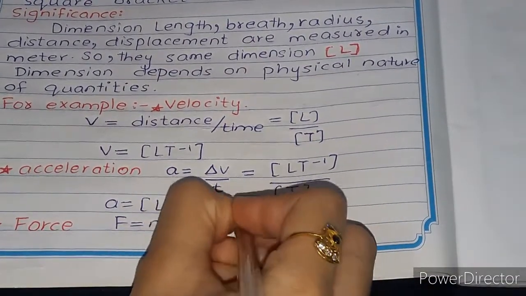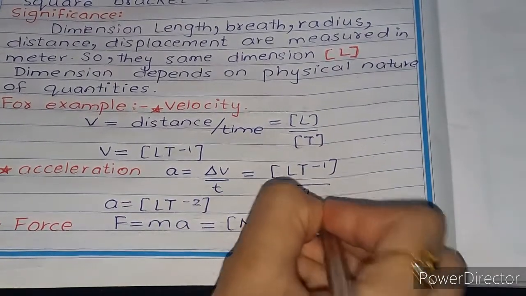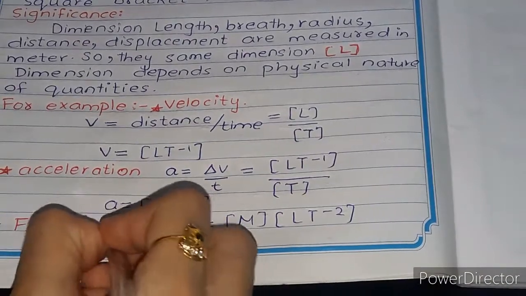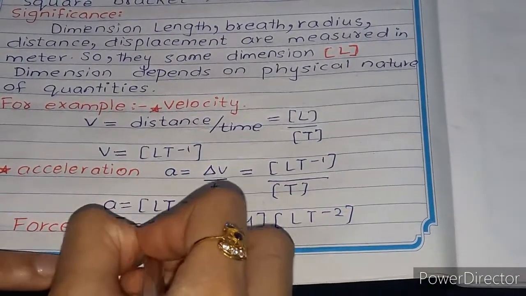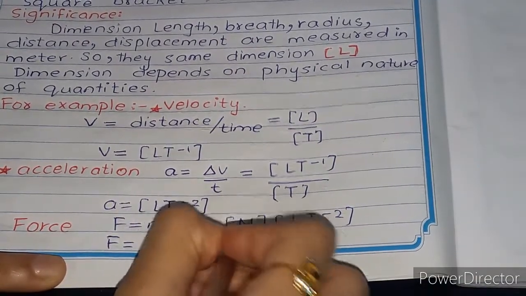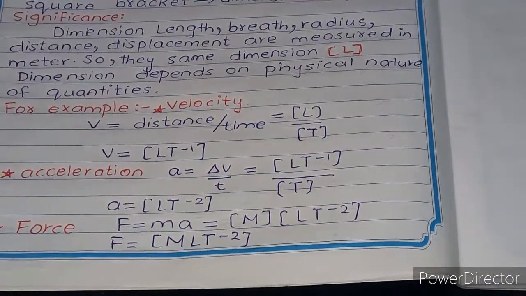M is mass, capital M, and acceleration we have found LT minus 2. Now we will simply put them in one bracket, so it would be M L T minus 2. So these are the examples of dimension.